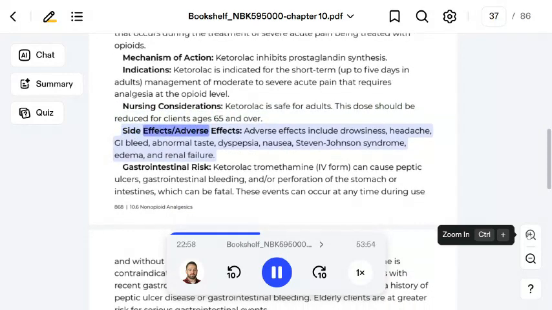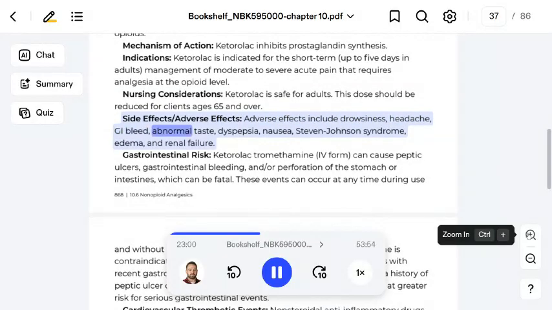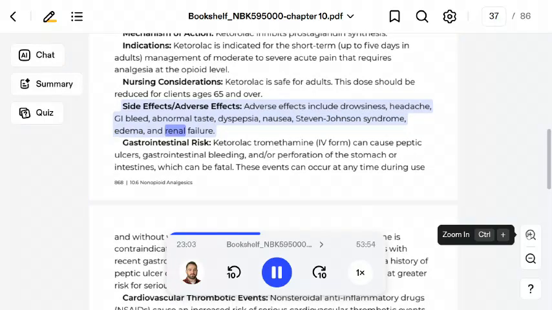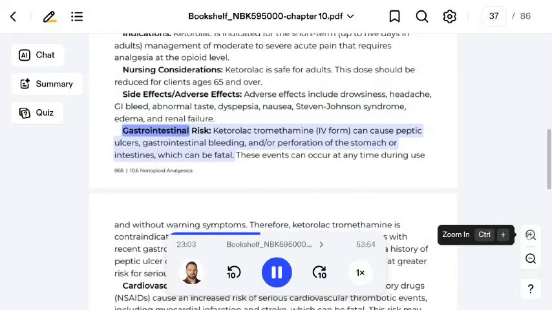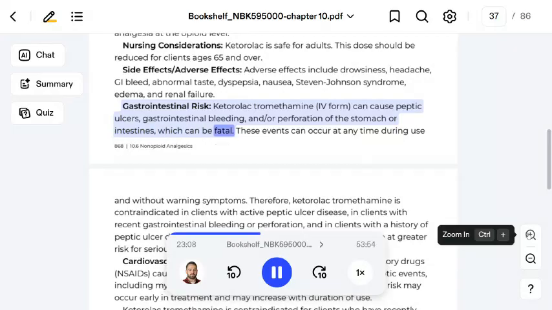Side effects: adverse effects. Adverse effects include drowsiness, headache, GI bleed, abnormal taste, dyspepsia, nausea, Stevens-Johnson syndrome, edema, and renal failure. Gastrointestinal risk: ketorolac tromethamine can cause peptic ulcers, gastrointestinal bleeding, and/or perforation of the stomach or intestines, which can be fatal.